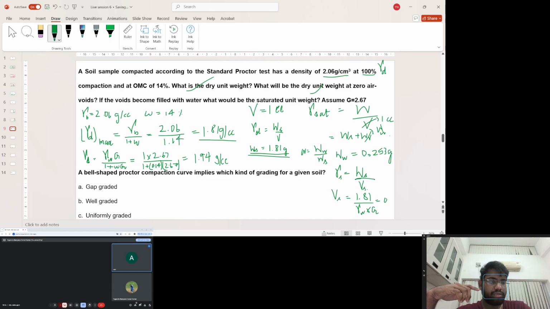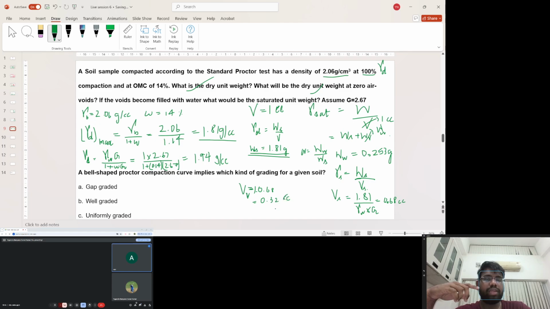It will give 0.68 cc. Now since total volume is 1, volume of voids will be 1 minus 0.68, which will give us 0.32 cc.